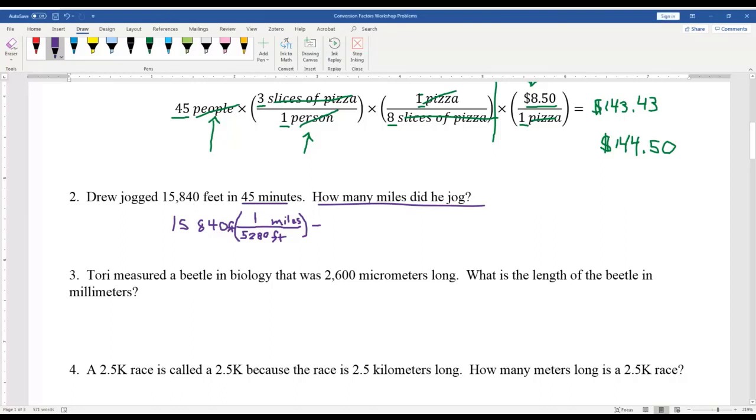All right, let's take a look at the next one. Well, actually, we can solve this one. 15,840 feet and 5,280 feet. So the answer, putting that into your calculator, comes out as 3. But would I write the answer as just 3, or would I write it as something else? What do you think?